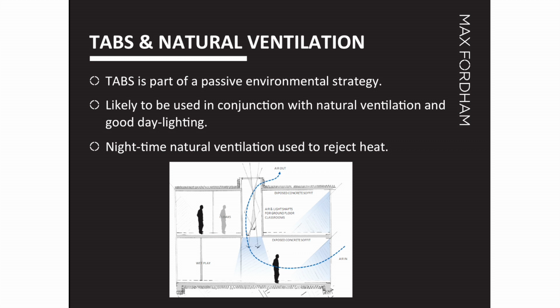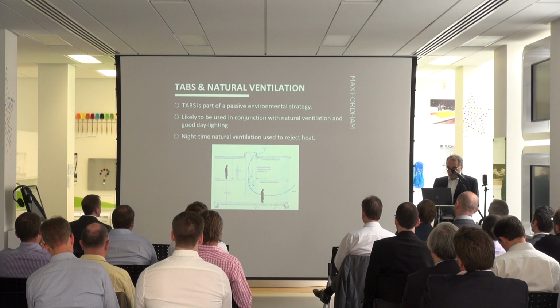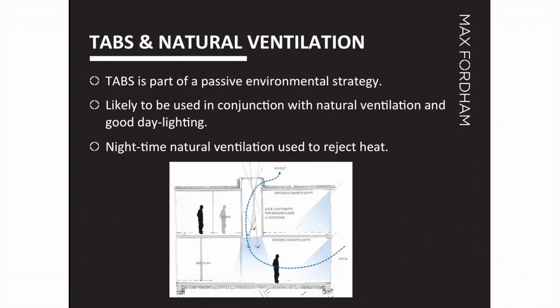Okay, so TABS is part of a passive environmental strategy. It's likely to be used in conjunction with natural ventilation and good daylighting. So you can see here an example of an air and light shaft for ground floor classrooms, and you have this pattern of airflow that I have just described.